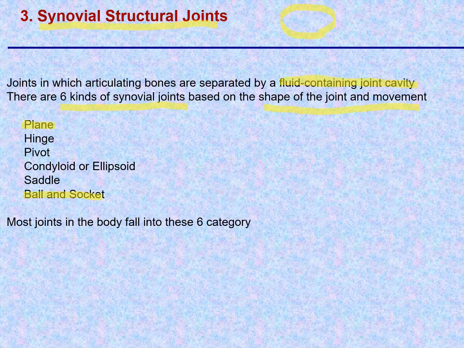In fact, most of the joints in the body fall into these 6 categories. Now we're going to look at them. They're quite complicated structures, and we'll go through each one just to give you an idea. But I would not ask you, for example, about the type of joint structure you find at the knee or in the shoulder socket, which is incredibly complicated. You'll see.